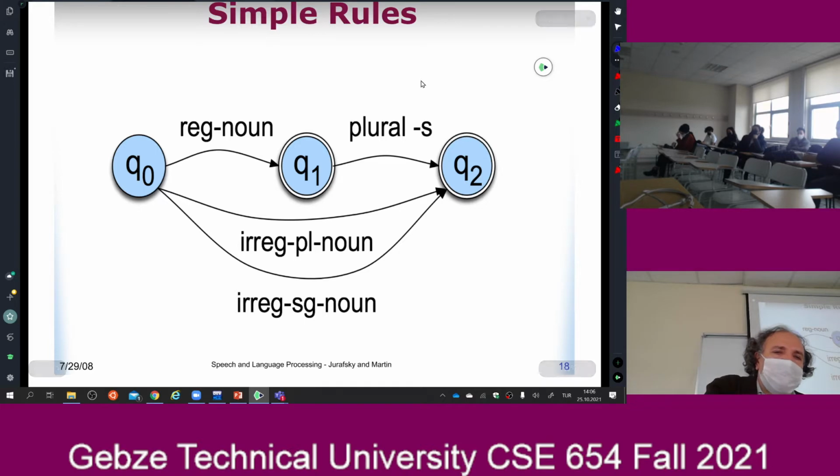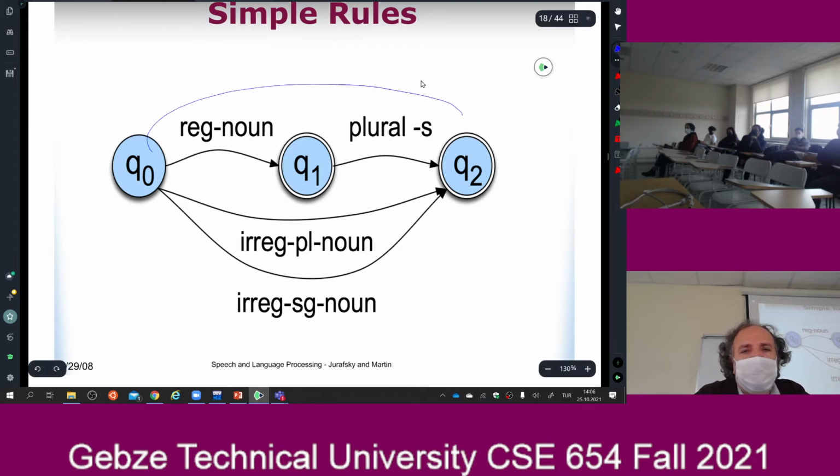Start from Q0. If whatever I see from the input is a regular noun, and that's the end of my word, then I am in an accept state and I accepted it. If they have added a plural s at the end, then I can accept too. So this path is for the regular nouns.